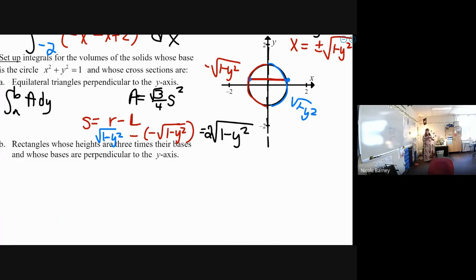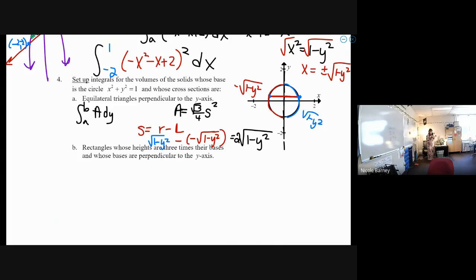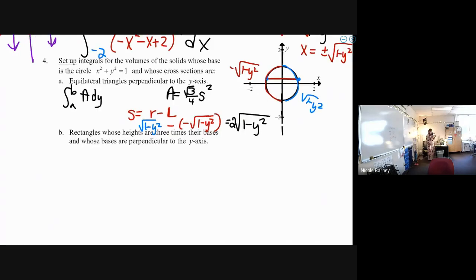Because there's two of them and we're adding them together. So now we go from a to b of root 3 over 4 times 2 root 1 minus y squared, because that's the side, squared, dy.